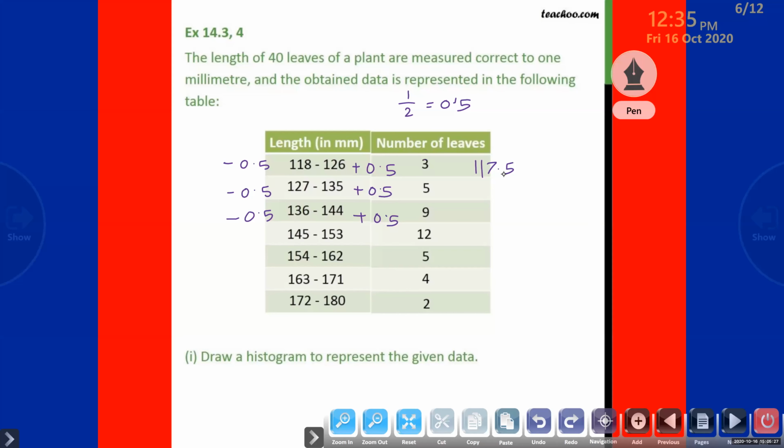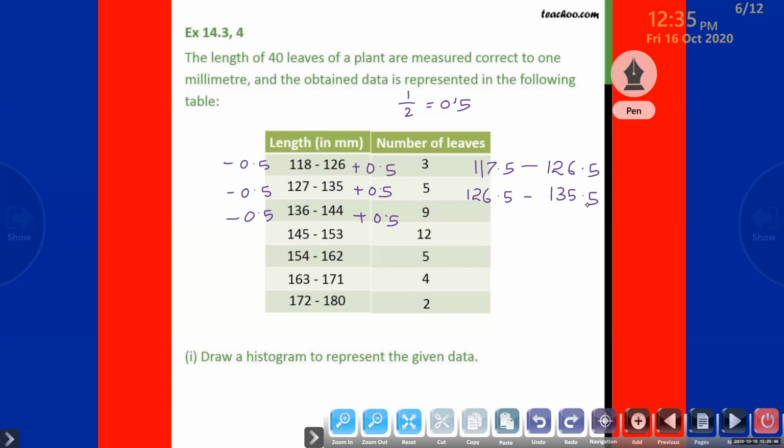One minute. Yes, 117.5. Next one, 126.5. Next, 135.5.